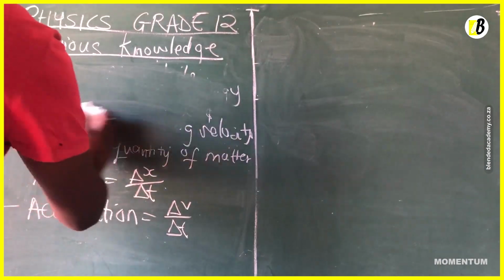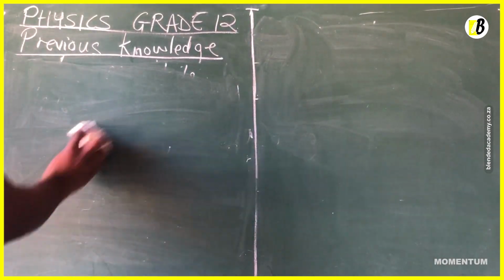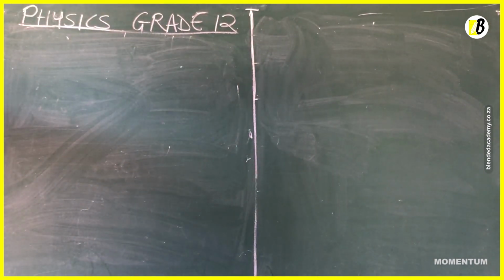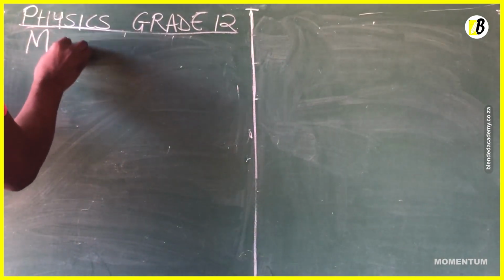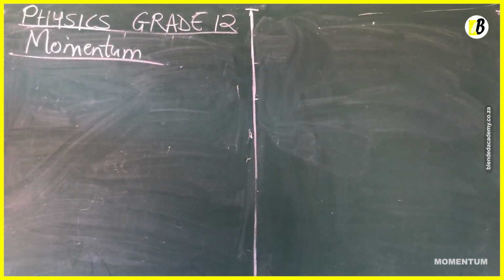Let's start with grade 12 content with the first topic, which is momentum. You're going to need to apply the previous knowledge for you to have a better understanding of this topic. Momentum is a vector quantity and it has the same direction as the velocity of the object.